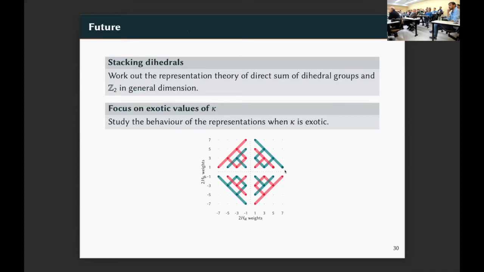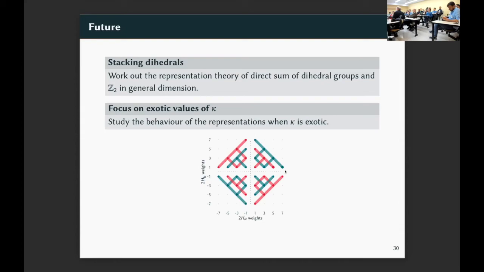So what happens when kappa is exotic, so non-generic? When I speak of weights, I'm cheating a bit. I presented them as natural numbers, but in fact this is generally not the case. They are a sum of kappa plus a certain natural number.